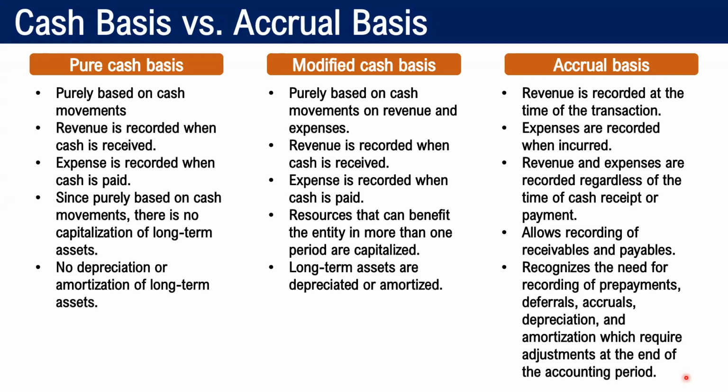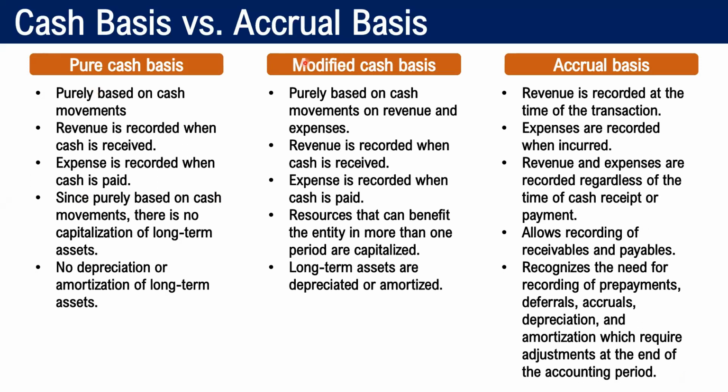When there is an inflow, that's a revenue. When there is an outflow, that is directly an expense. In the pure cash basis of accounting, all of our accounting records will relate only to cash movements, whether there is an inflow or outflow of cash.